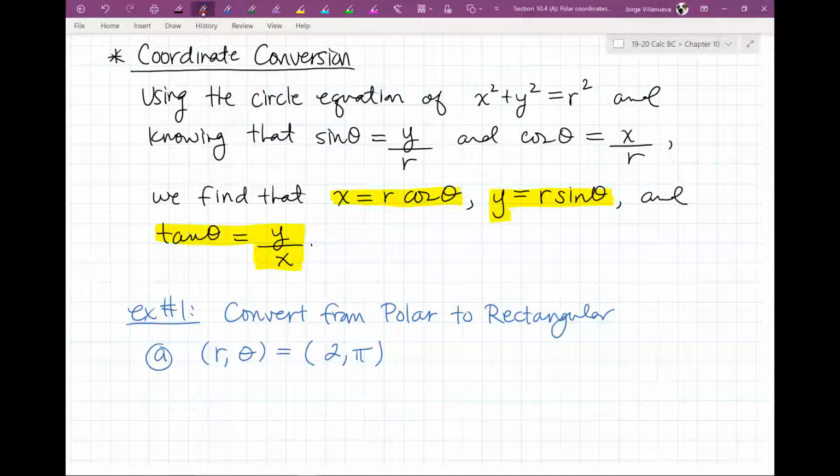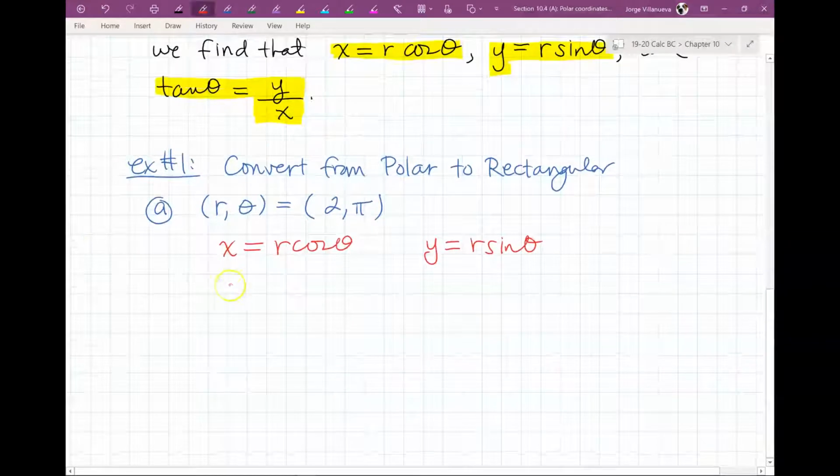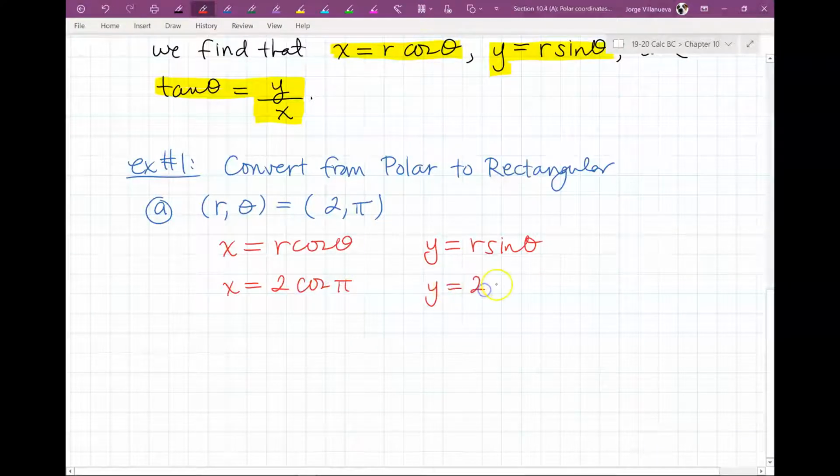So use your definitions. x is equal to r cosine theta and y is equal to r sine theta. So x is 2 cosine of pi, and for y we have 2 sine of pi. Well, cosine of pi is -1, so x is -2. And sine of pi is 0, so y is 0. Your rectangular point would be -2, 0.